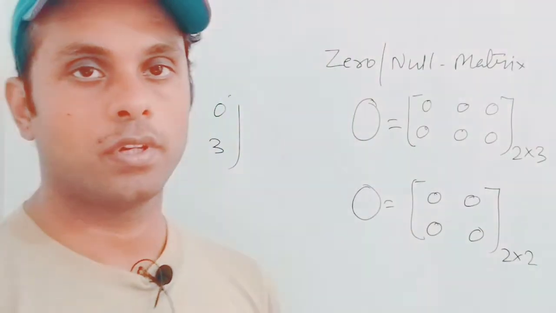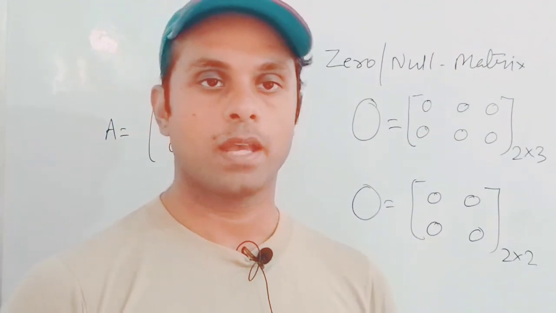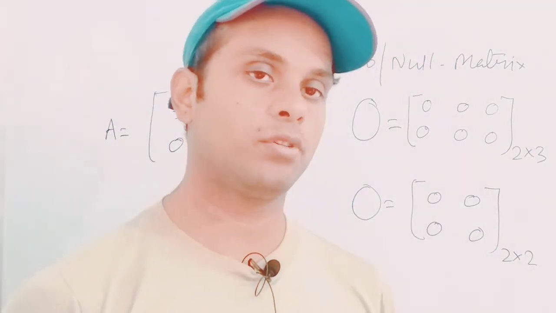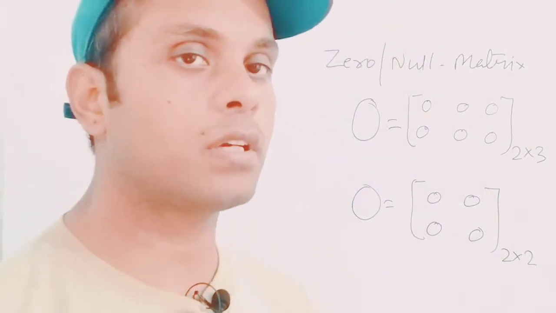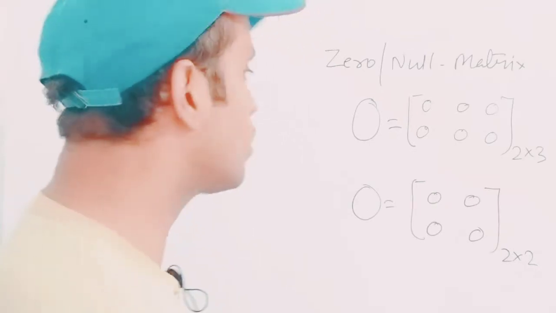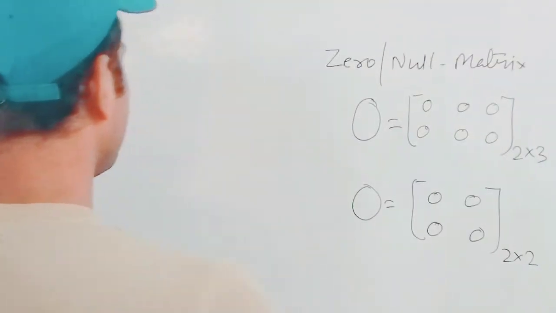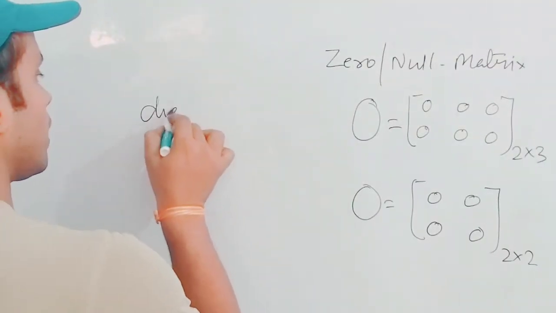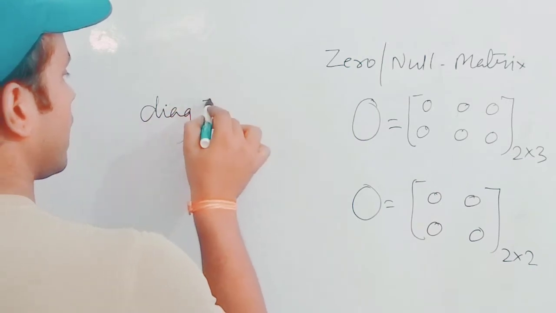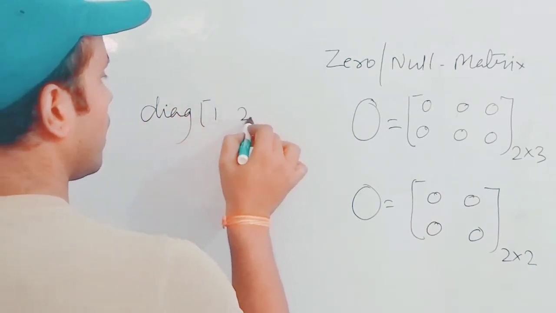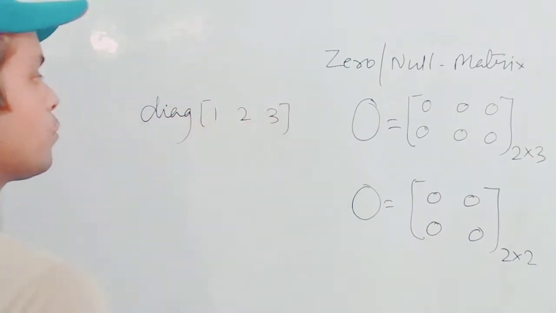Okay, so this was the last definition. I would like to tell you also about a diagonal matrix. A diagonal matrix can be written like this also. If you are given diagonal of 1 2 3, it means what?